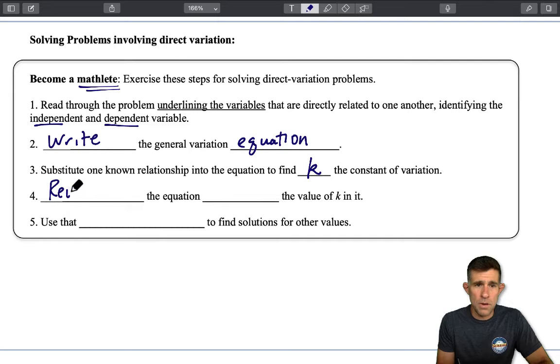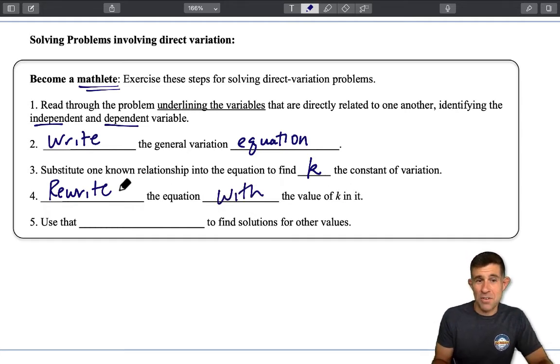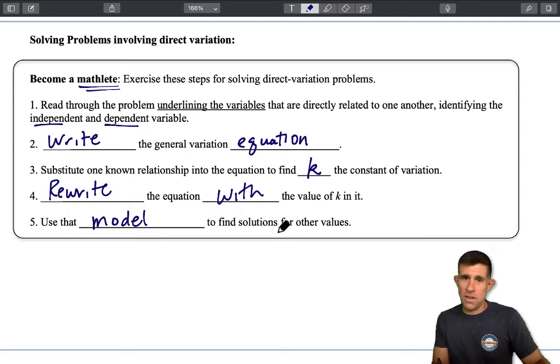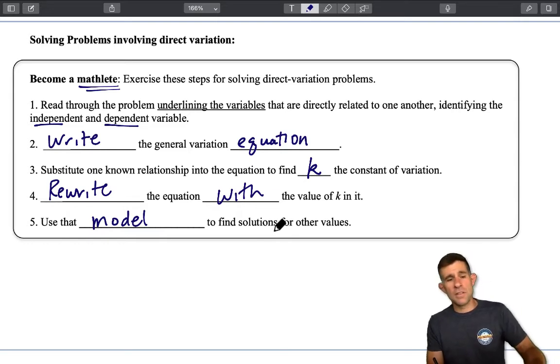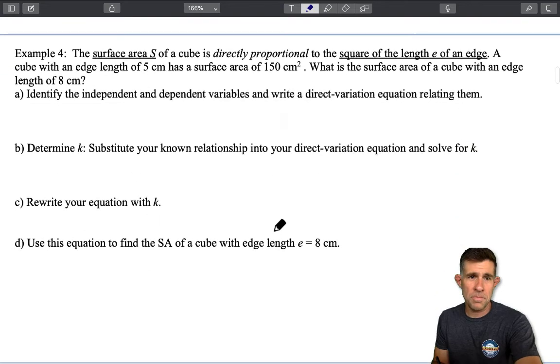Then we're going to rewrite the equation with the value of k in it, and then we're going to use that model to find solutions for other values. So let's get a little bit of practice with that in our next few examples.